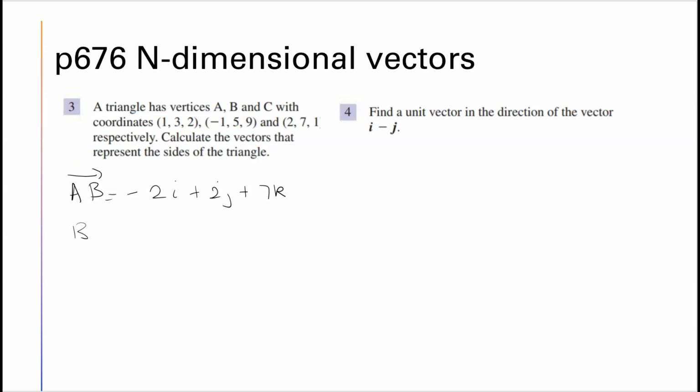And BC is equal to, okay, that's going to be C minus B, that's going to be 3 plus 2 minus 8, and C to A is going to be A minus C to be 1 plus 4 minus 1.